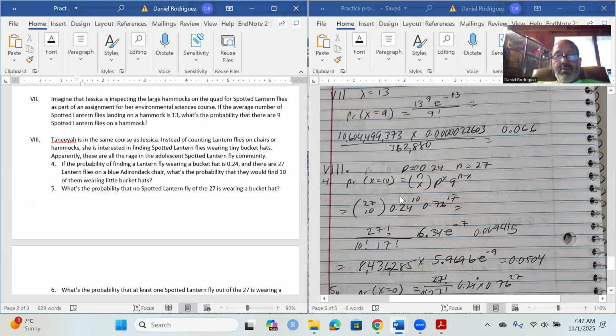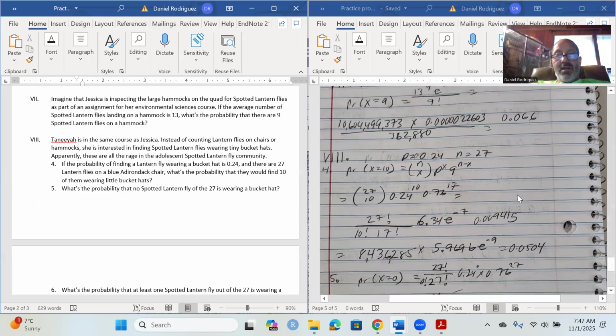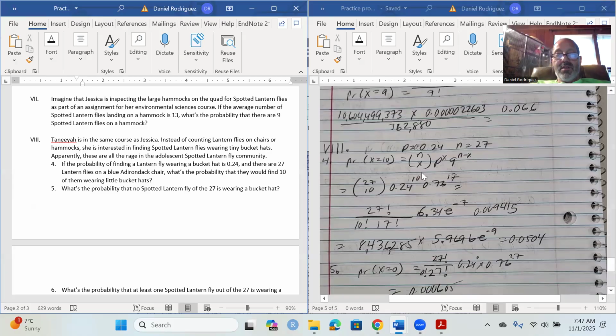And we can plug this into our binomial probability equation, right? So what's the probability x is equal to 10? We have n choose x, right? That's our binomial coefficient or a choose function, if you will, times p, which we know is 0.24, to the x, times q. Remember, q is the same as 1 minus p.